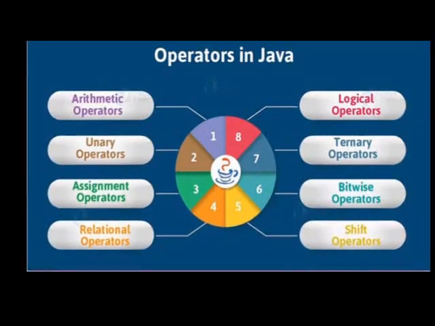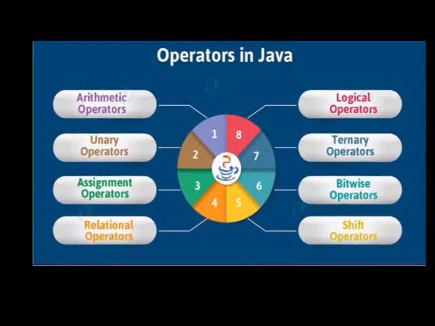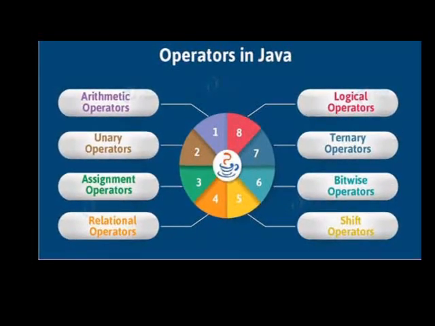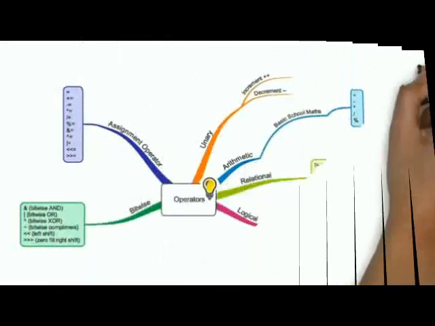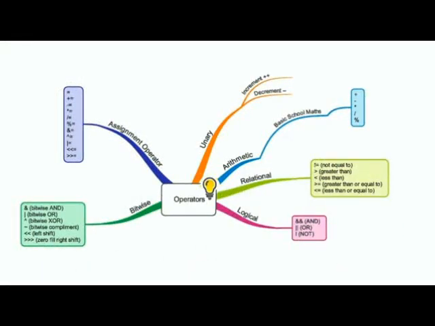These are the important data types and operators we use in Java to write our programs. Java supports several types of operators. Let's start with some of them.